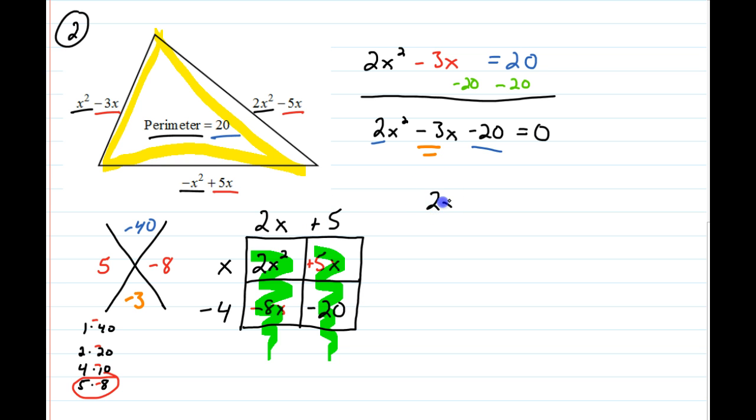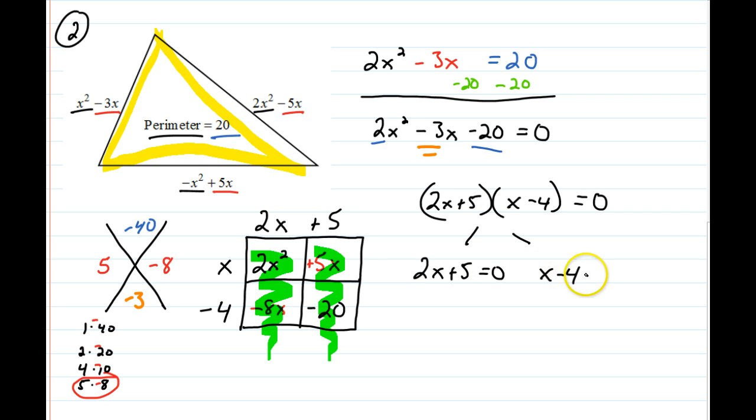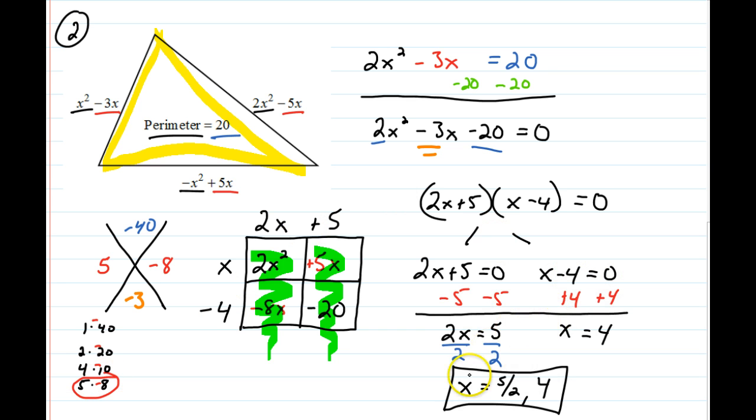And so now we have 2x plus 5 times x minus 4 equals 0. Now we split it up. We solve it. So when you solve it, you get x equals 5 halves and positive 4. You'd be able to plug both those numbers in and end up with a positive answer. So this one has 2 answers.